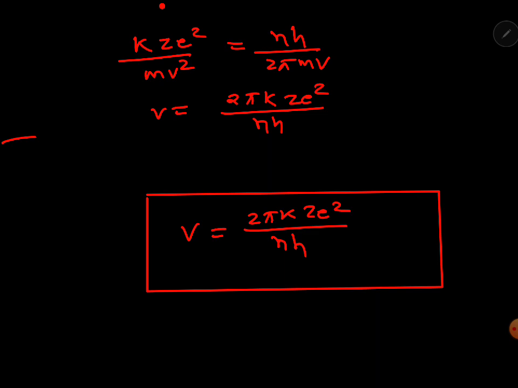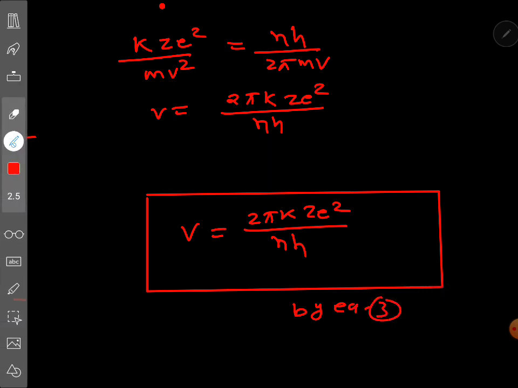This is the velocity of the electron in the permitted orbit, right? And when we put this value of v in equation number 3, we can get the radius of the permitted orbit. This is n²h² upon 4π² mk Ze².